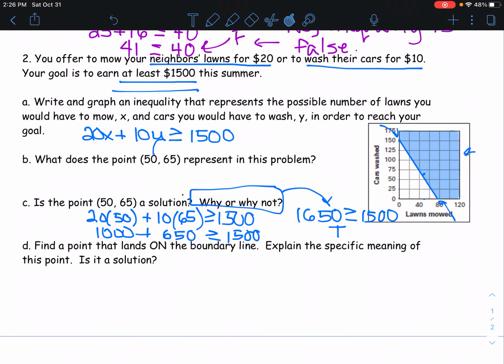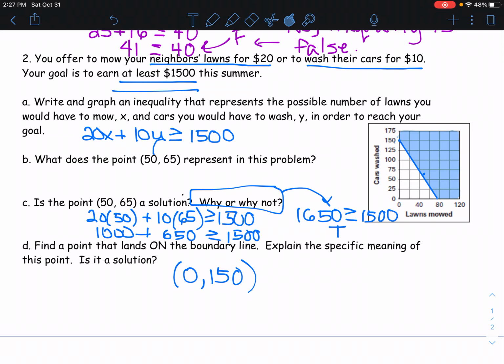Probably the easiest 2 points would be your 2 intercepts. So I kind of like that point right there. On the boundary line, 0, 150. That's 1 point. Of course, there are other points here you could have, not infinite, but a lot.